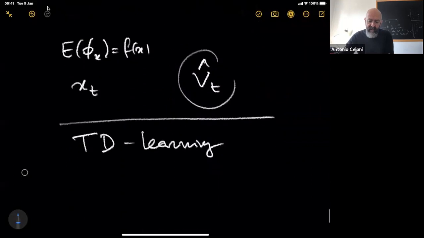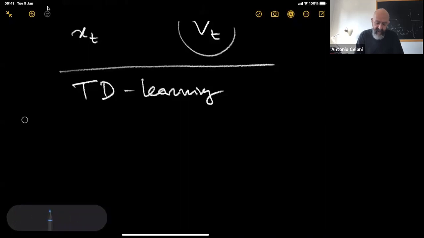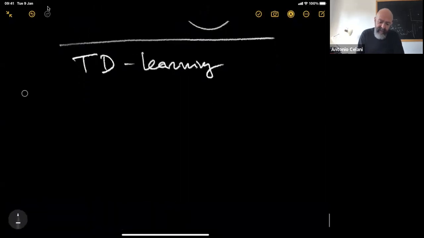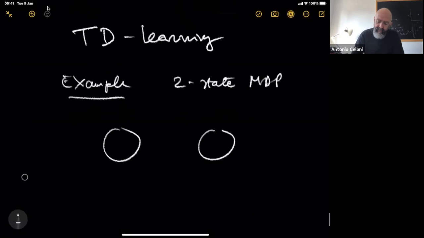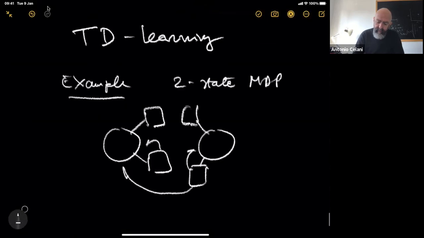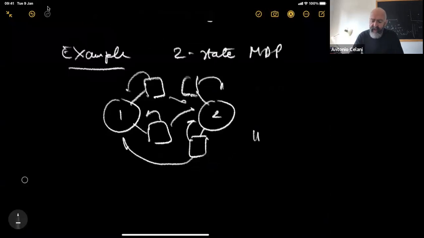So let's make a quick example. We have time for this. Suppose, for instance, you have a two-state model, a two-state MDP, with state 1 and state 2. And the policy is fixed, say a random policy, doesn't matter.